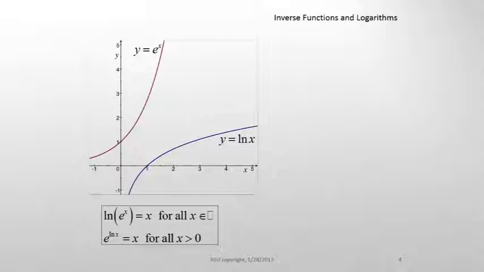And if you're dealing with e to the x, well, the natural log of e to the x is equal to x for all x in what? In the all real numbers. Real numbers. And e to the natural log of x is x, but there again, you're putting in values of x that are only positive.